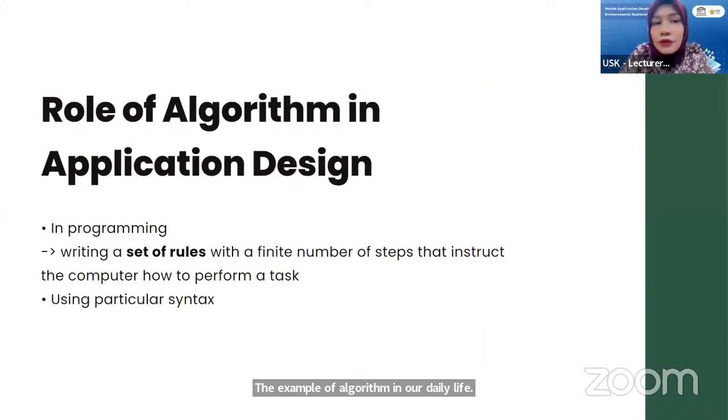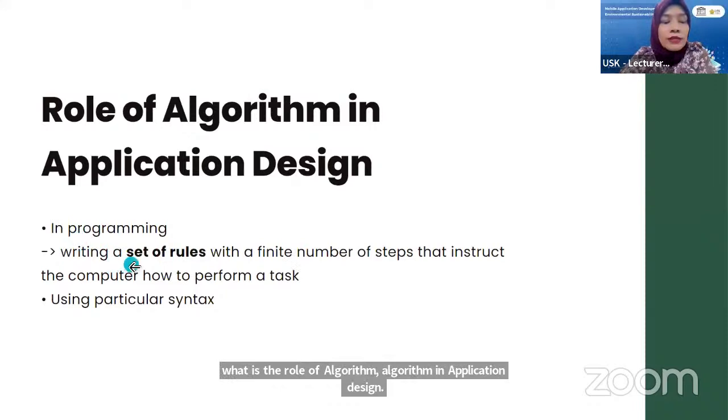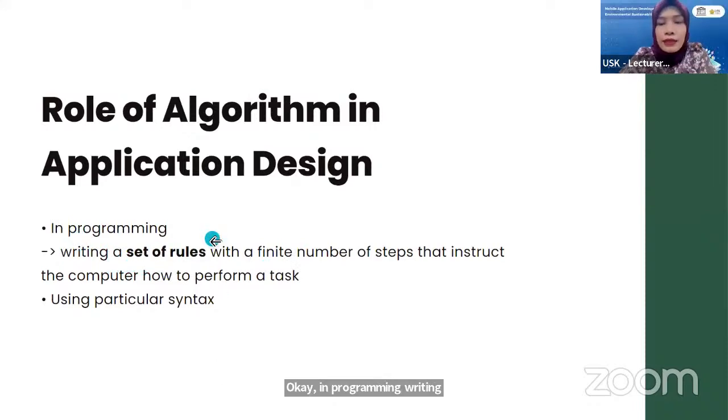So what is the role of an algorithm in application design? In programming, we write a set of rules like baking a cake before, with a finite number of steps, to perform a task. The algorithm uses a particular syntax.